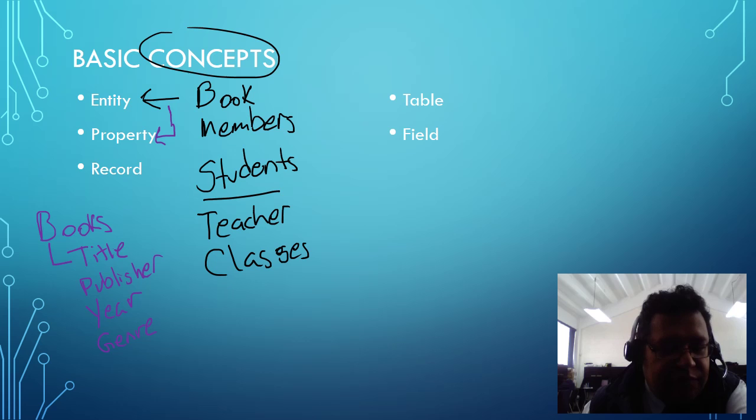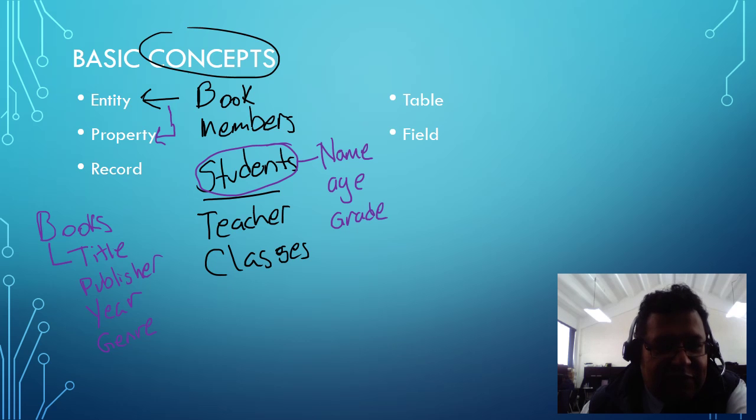There you go. All right. If we think about students, for instance, students have different properties. Of course, the name, age, maybe grade. What else?